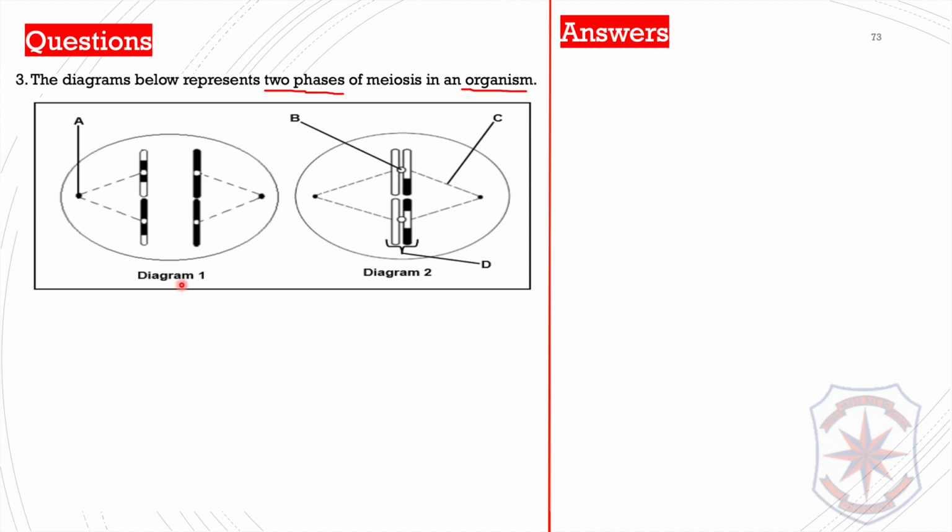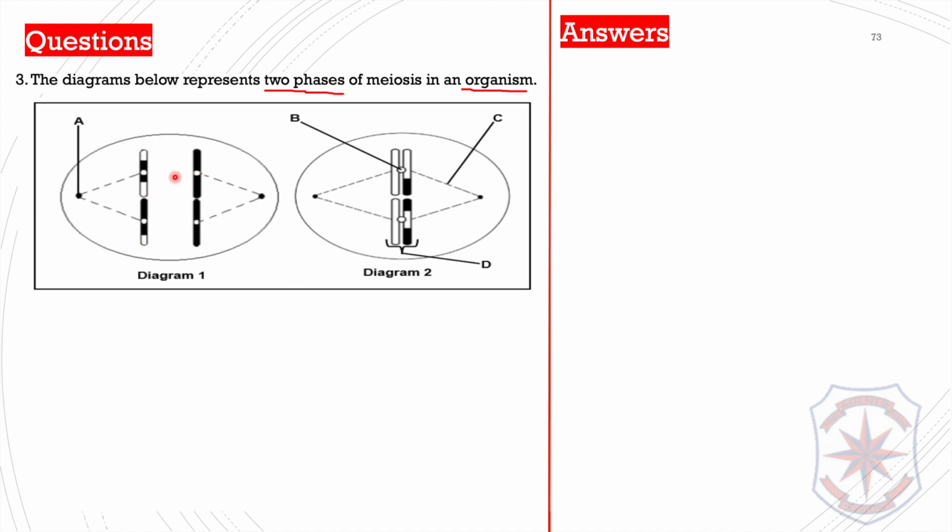So your point of departure is you check what is happening in the cell before you can determine which phase of meiosis that diagram represents. Okay, so what we see here is that the spindle fibers are attached to the centromeres of unreplicated chromosomes.